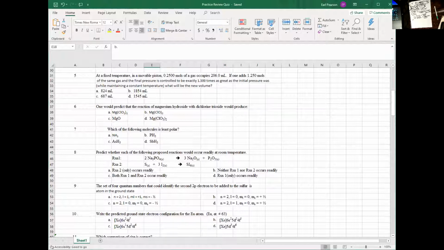If one adds 1.250 moles of the same gas, and the final pressure is controlled to be exactly 1.5 times greater than the initial pressure, while maintaining a constant temperature, what will the new volume be?